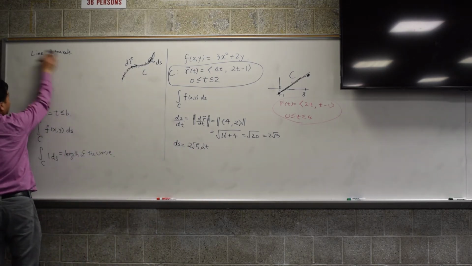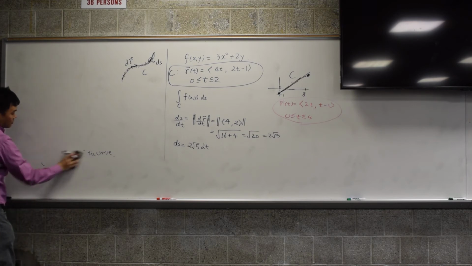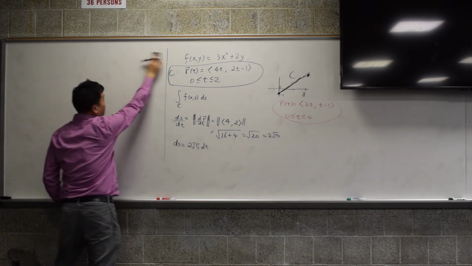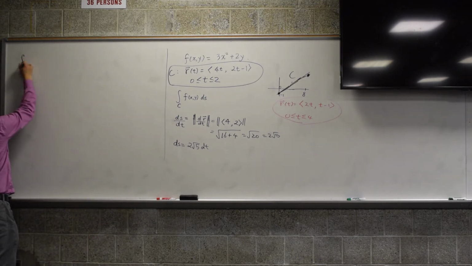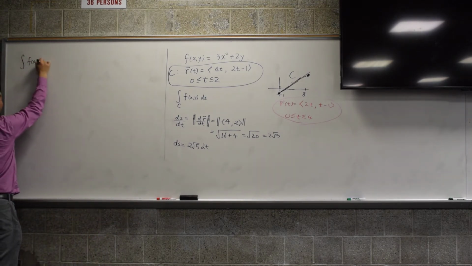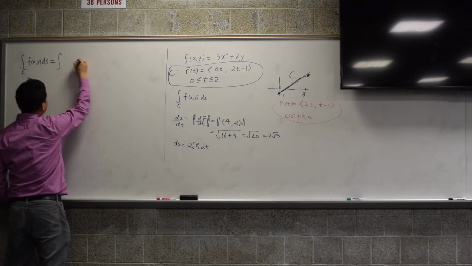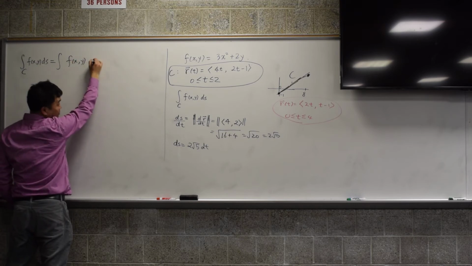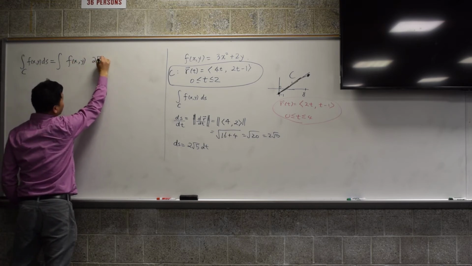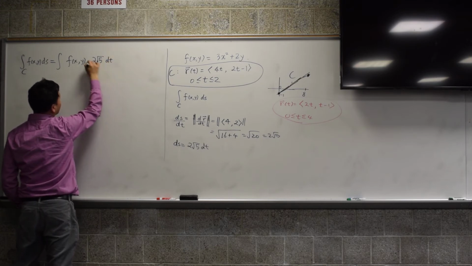Let's continue the calculation here. So here's what I achieved. I figured out that if you were to do the integral of f(x, y) ds over C, you can rewrite ds as 2 times radical 5 times dt.